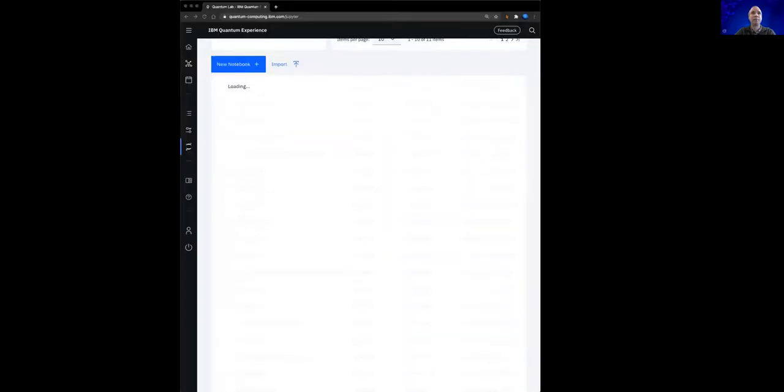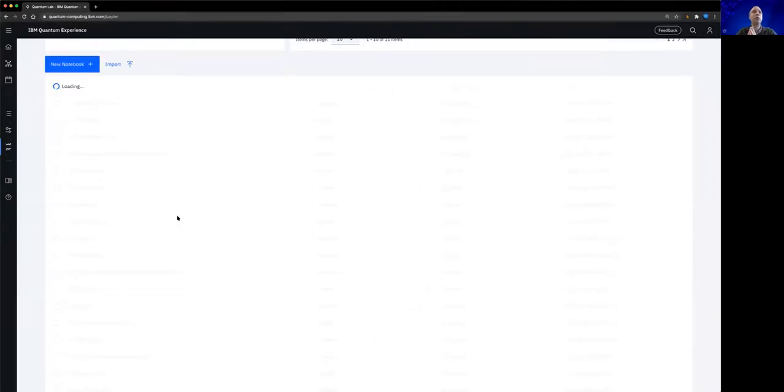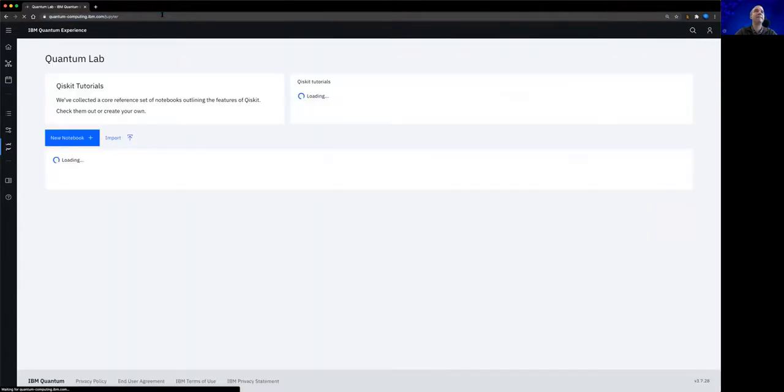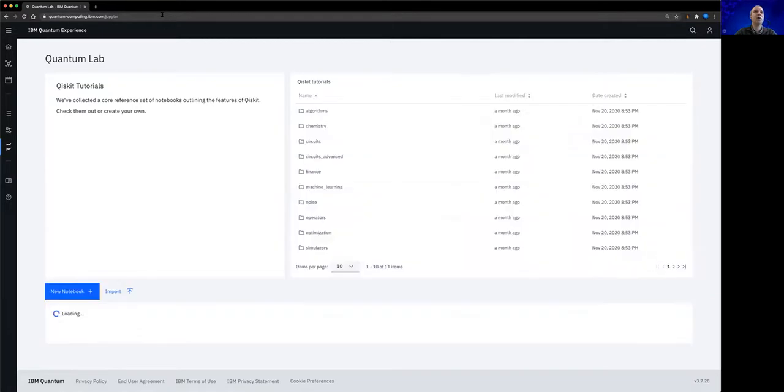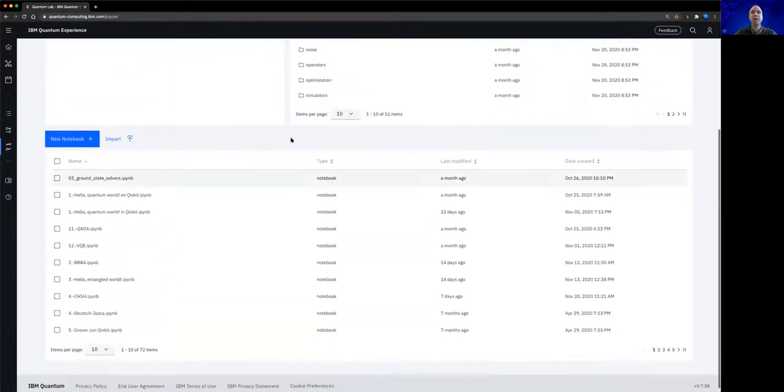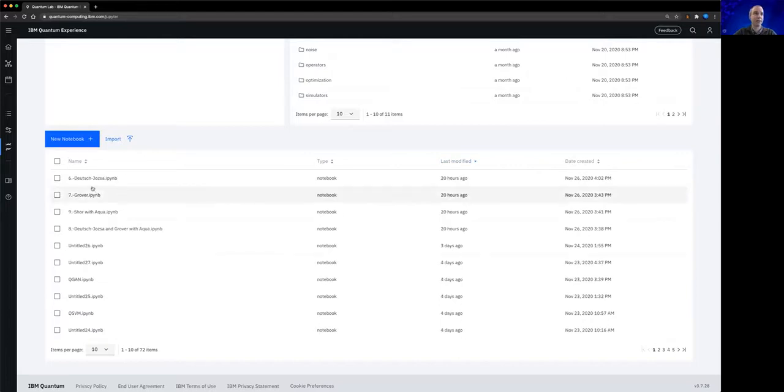So let me then go to the IBM Quantum Experience. Okay, it seems it's working. I have already uploaded this notebook for the Deutsch-Jozsa problem, which you can find on the Indico page.